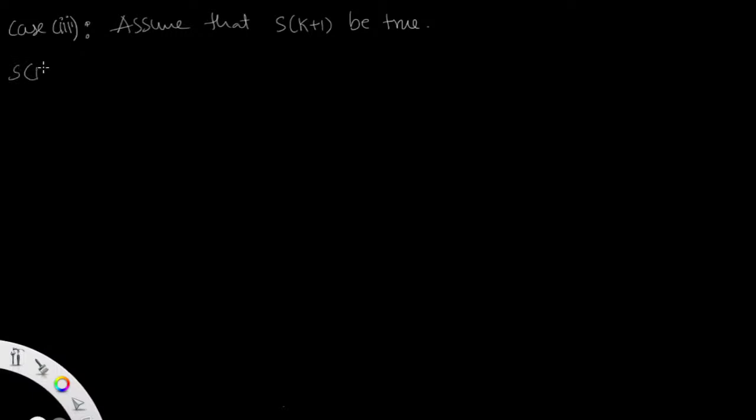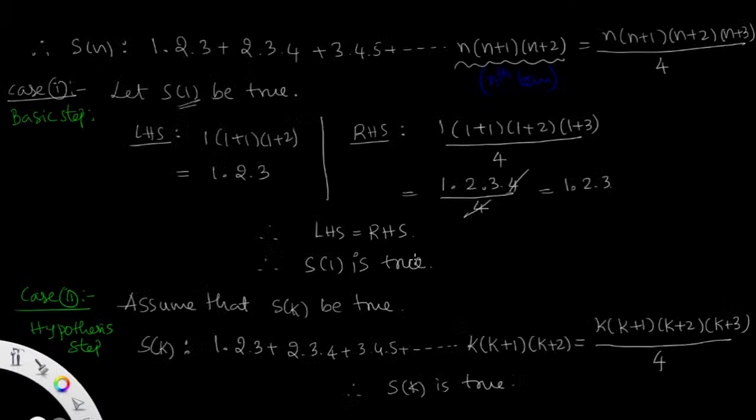So S of k plus 1 is nothing but 1 into 2 into 3, plus 2 into 3 into 4, plus 3 into 4 into 5, and so on, written first as k into k plus 1 into k plus 2.